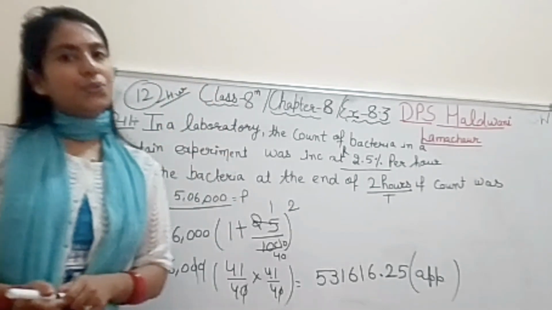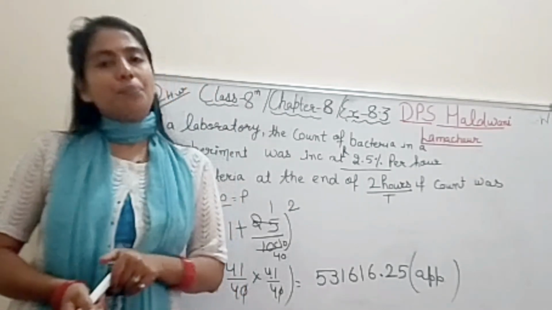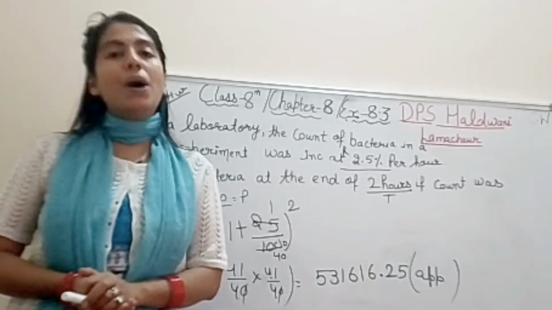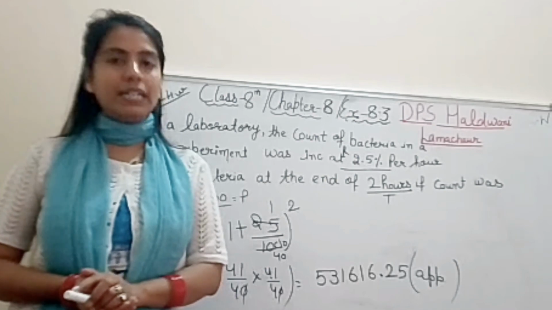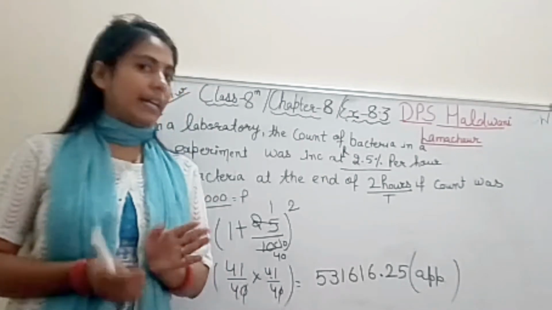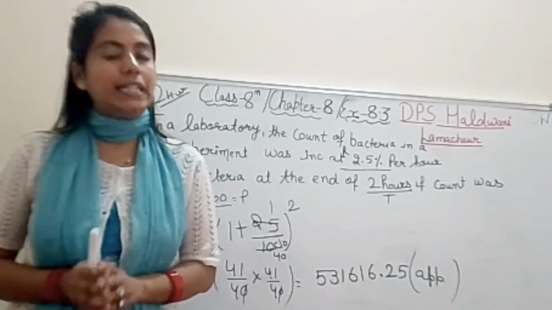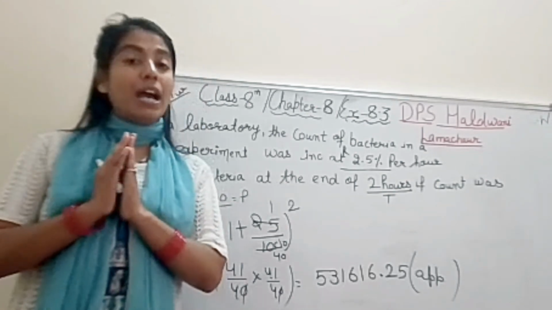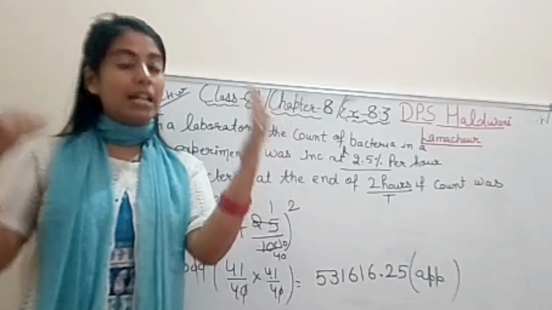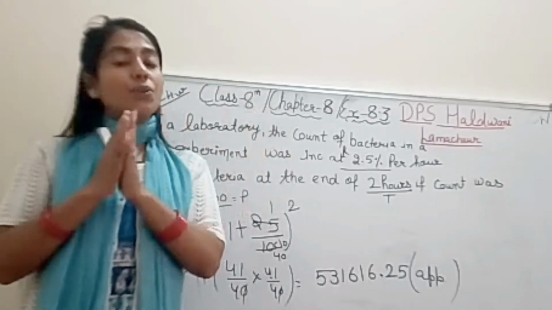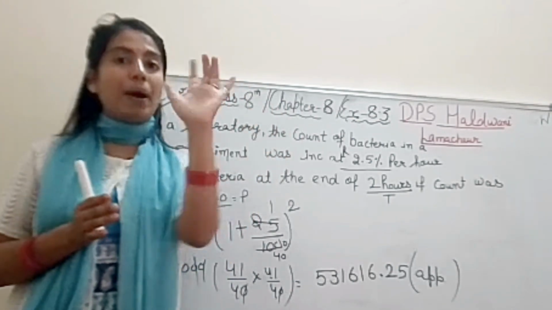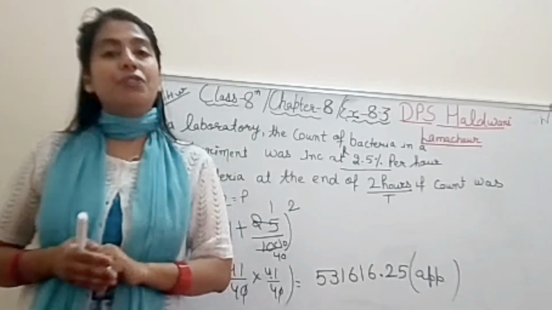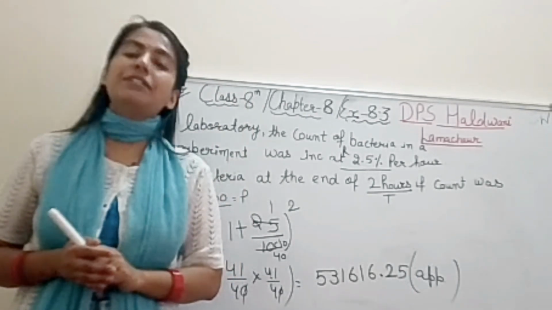Right student? So today we have learned the concept of how to take out the amount when we have compounded annually. If compounded annually, rate and time will not change. Half yearly, time will be double, rate will be half. Right student? And if you have time in a fraction like 1 by 2, 3 by 2, so for that the whole number part you will take out with the same formula, but the fractional time you will take out with the help of the simple interest formula.